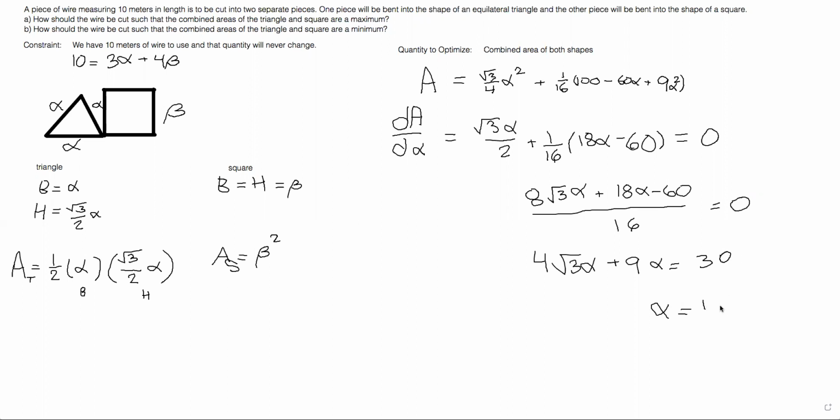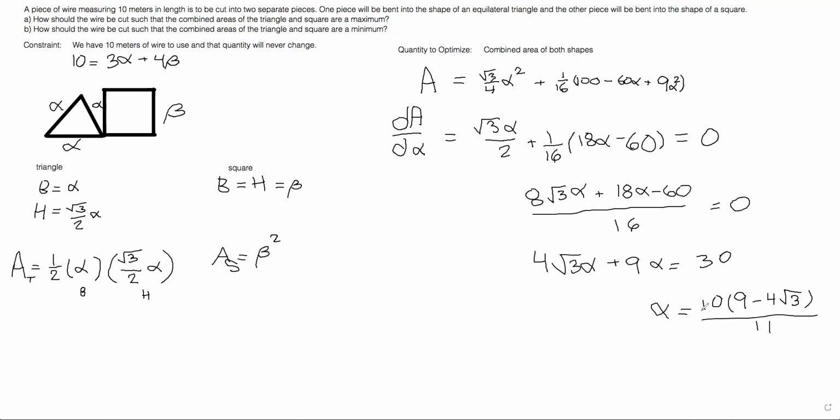I got alpha is equal to 10 times 9 minus 4 square root of 3, all over 11. That is alpha. So if we did this correctly, this would produce what we think would either be the maximum or the minimum. We don't know for sure yet what it'll be, but we also need to find beta.